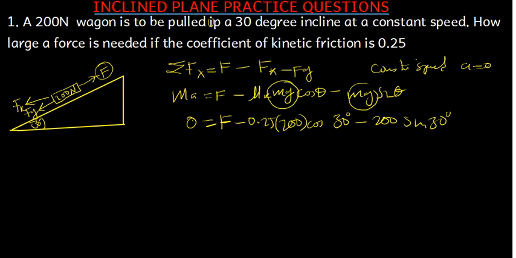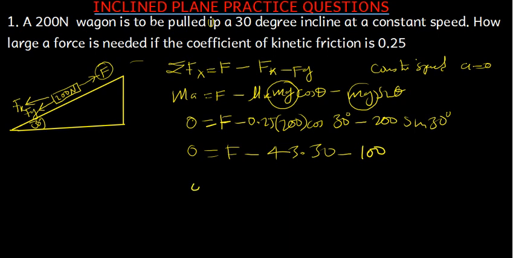So we go on and punch on our calculators. This gives 0 is equal to F minus 0.25 multiplied by 200 times cos 30 degrees, which I find is 43.30, and then minus 200 sine 30 degrees, which is 100.